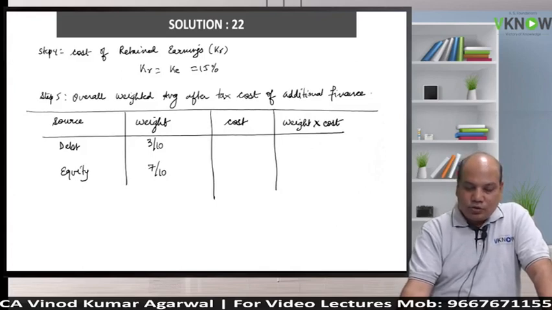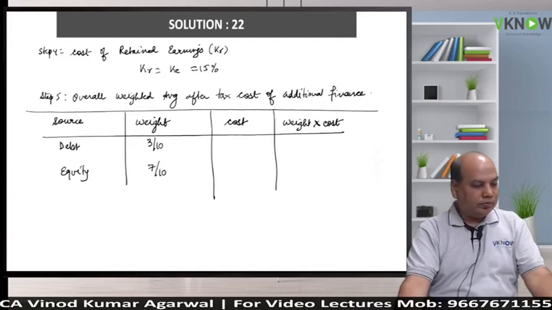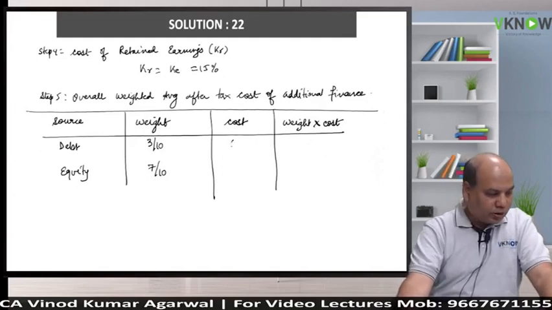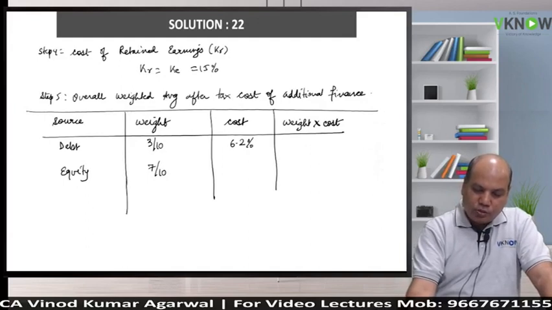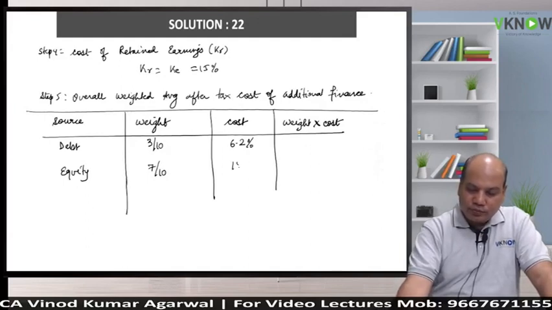And what is the cost of debt? Average cost we have computed is 6.2%. And cost of equity, which will include retained earning also, is 15%.